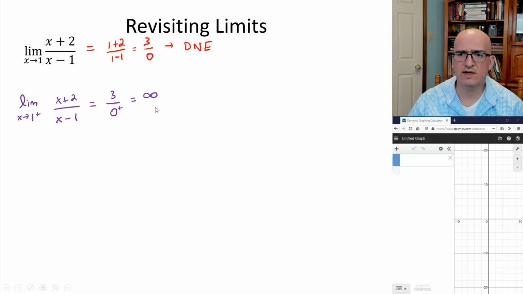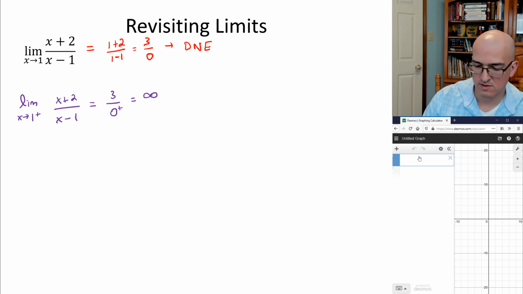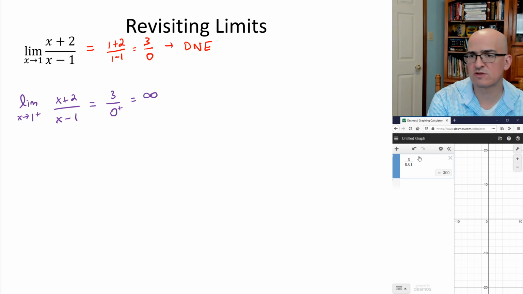Get out a calculator or use an online calculator and look at what happens when you plug in a number like, let's say, 3 divided by 0.1. I'll pick something not too small, 0.01, and the output of that calculation is 300. Let's make it even smaller, 0.001. Now it's 3,000.